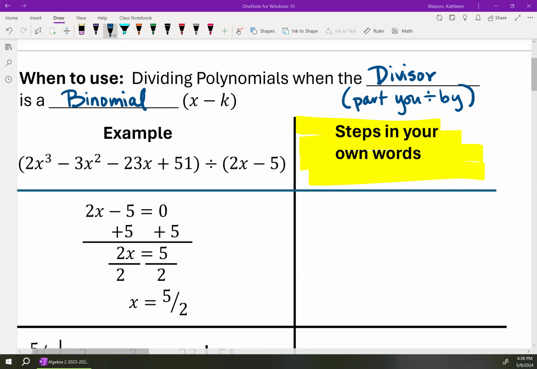So to start this division, you set 2x minus 5 equal to 0. And that's what's going on here. If you set 2x minus 5 equal to 0 and solve for x, then you find that x is equal to 5 over 2. It's easier if you leave it as a fraction and don't write it as a decimal.